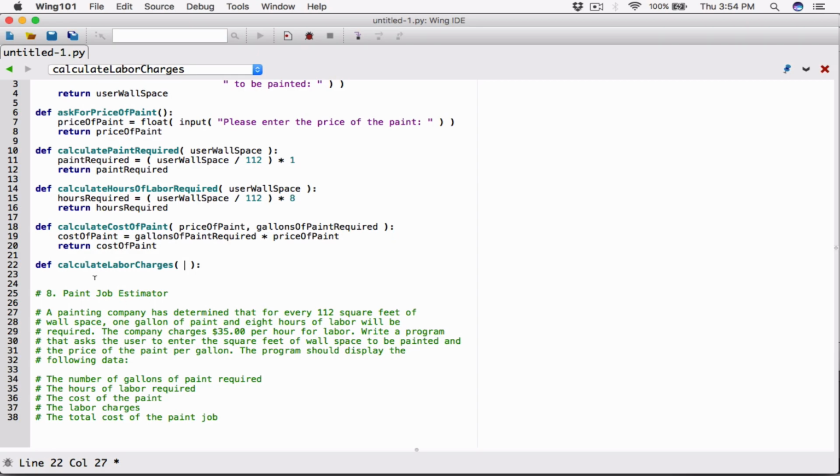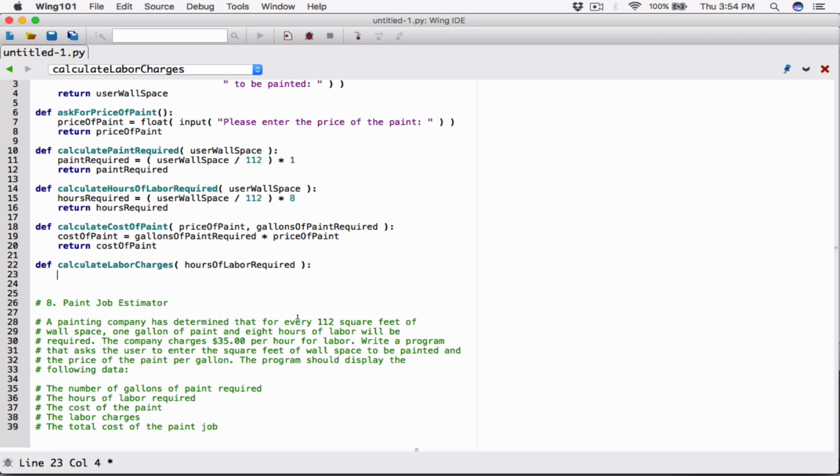So calculate labor charges is just going to need the hours of labor required, which is going to be calculated with this function. So I'm going to define a parameter for that, hours of labor required. To calculate the charges, we have to multiply by the price per hour for labor, which is $35. I'm going to simulate a constant.